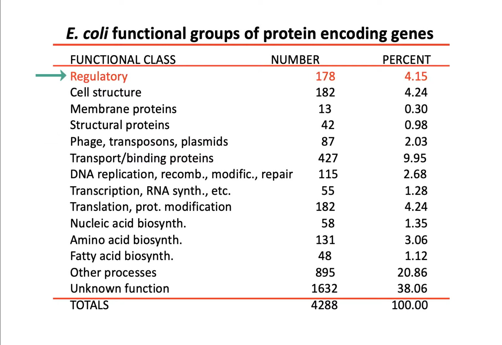4% of the genome consists of regulatory genes and proteins, so these are the ones that are controlling the expression of other genes. And so in something like E. coli, where you have to switch from growing anaerobically to growing aerobically, to growing in this environment, in that environment, that's expected.